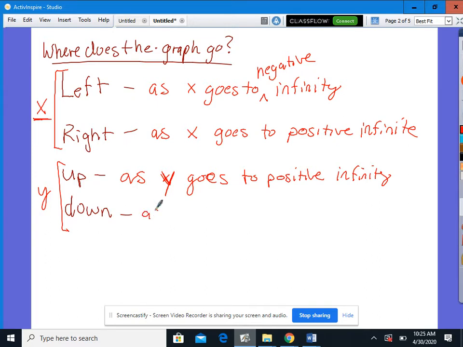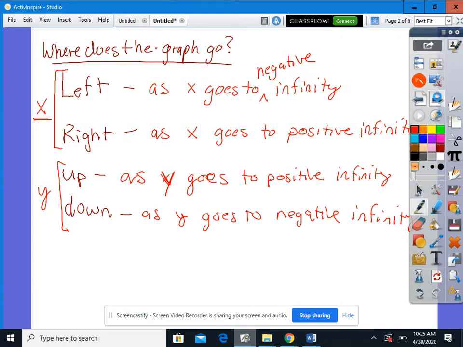And therefore, this one is as y goes to negative infinity. Okay, and we're going to go over 3 different graphs here in a second, and we're going to use these terms to describe the end behavior. All right, so again, left, x goes to negative infinity. To the right means x goes to positive infinity. Up is y goes to positive infinity, and down is y goes to negative infinity.